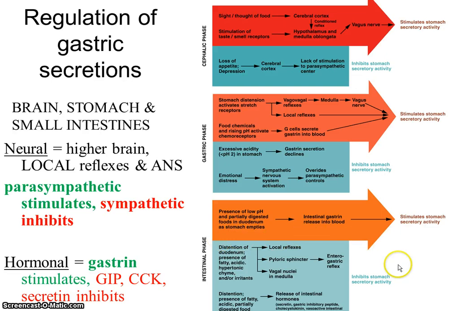So this stage is usually considered more inhibitory, so we have to focus on this box. So we say distension of the duodenum, presence of fatty, acidic, hypertonic, so high concentration chyme. Right? Done through local reflexes, the pyloric sphincter is tightened, and we call this the enterogastric reflex. And again, the small intestine is telling the stomach to slow down.